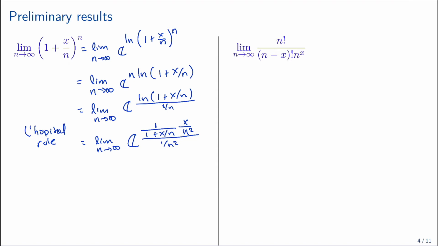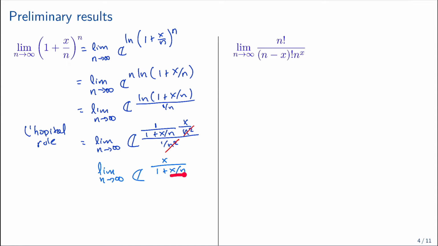Now, if you notice, we have 1 over n squared in the numerator and denominator, and it will cancel out. So the limit when n approaches infinity of e to the x divided by 1 plus x over n. And now we can apply the limit.